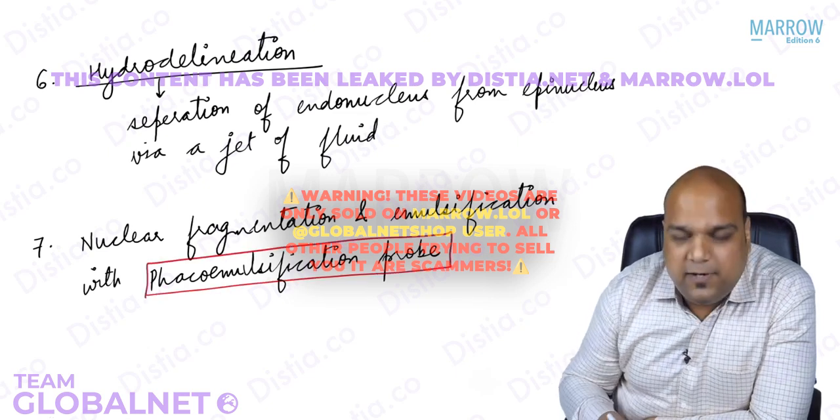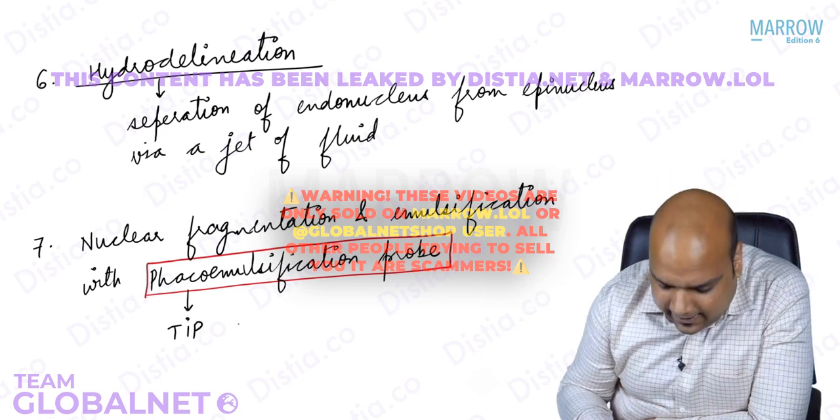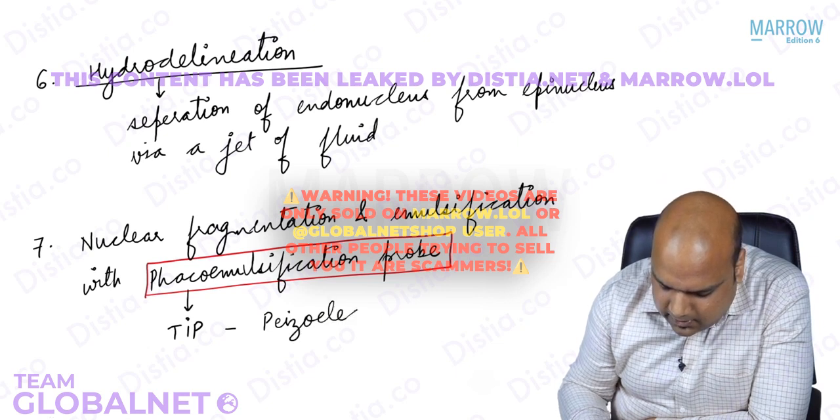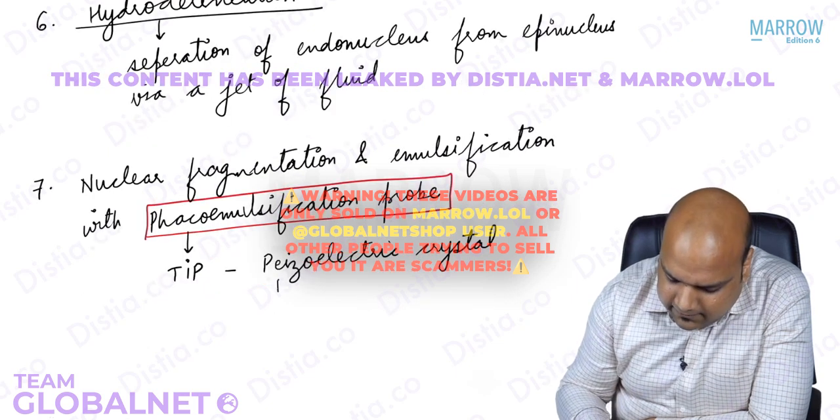In the phacoemulsification probe, as I explained, I am explaining again, at the tip there is a piezoelectric crystal. What was the function of this piezoelectric crystal, everybody?